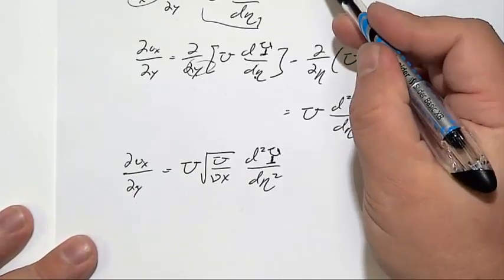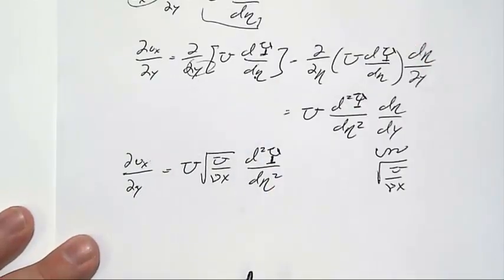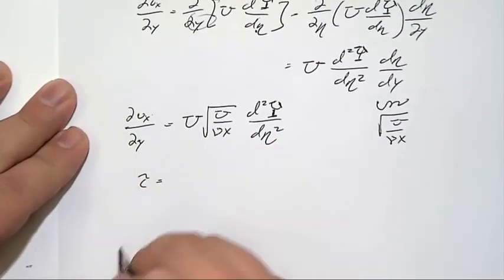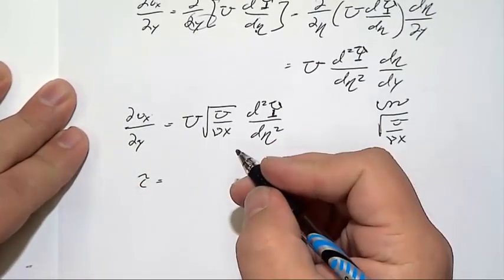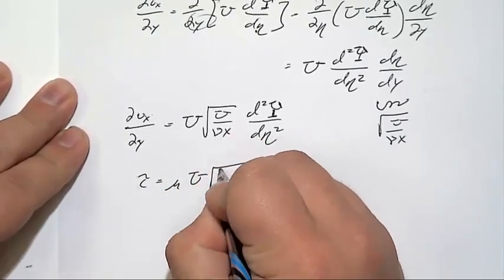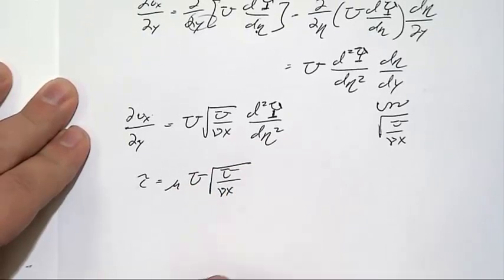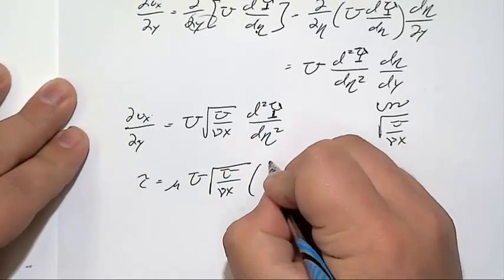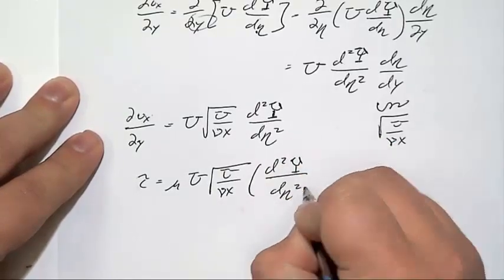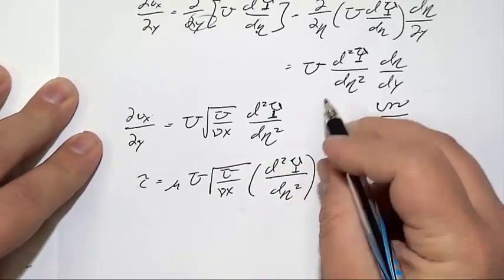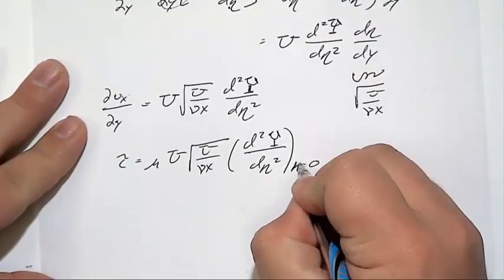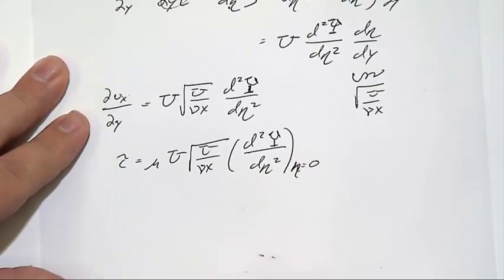So now that I have this relationship for my partial derivative of u of x, I could go ahead and plug it back into my shear stress terms. And when I do that, my shear stress is going to be equal to viscosity times U times the square root of U over my kinematic viscosity times distance, evaluating the second derivative of a modified stream function with respect to nu, in the case where y is equal to 0, nu equal to 0.